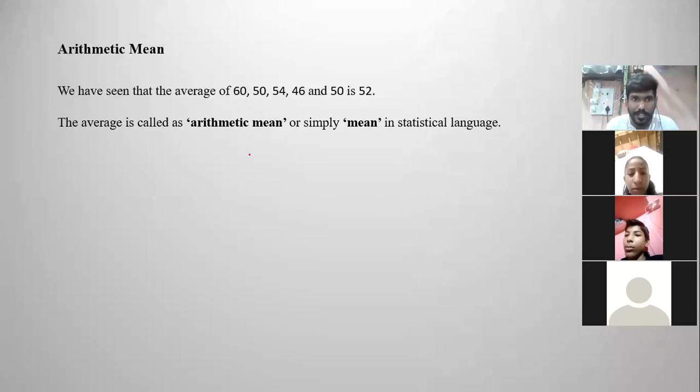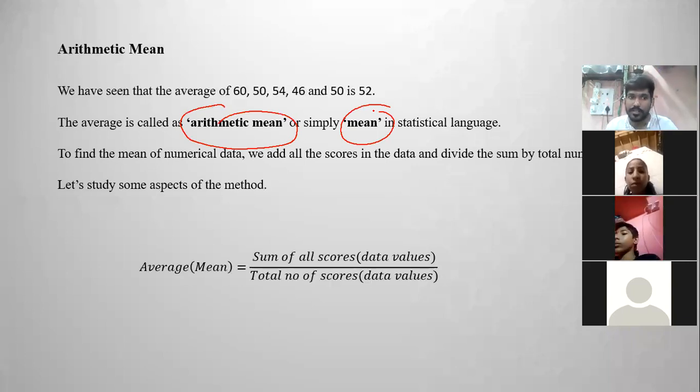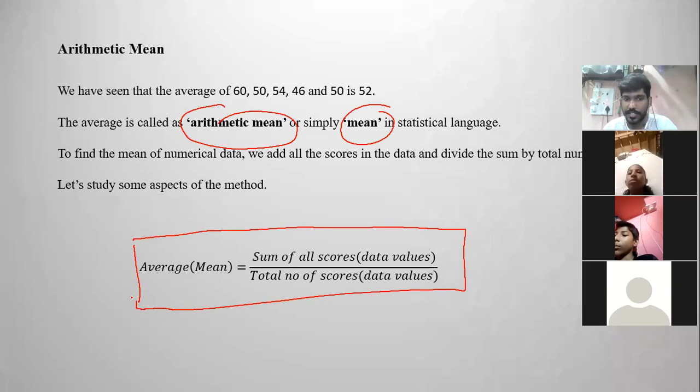Okay, so average is also called arithmetic mean or simple mean. To find the mean of the data, we add all scores in the data and divide by the total number of scores. So this is the formula for average: sum of all scores or data values divided by the total number of scores or data values.